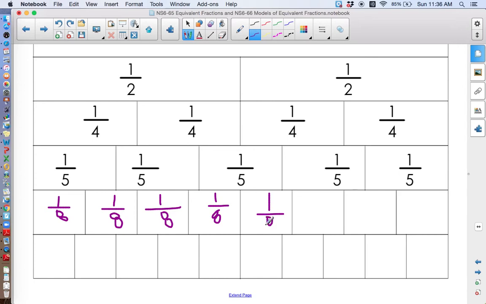While I'm doing this, I want you thinking about what the denominator is for that last strip. You're counting how many boxes are in that last strip. That's your denominator. So your denominator should be 10, because you know that 5 fits equally into 10.